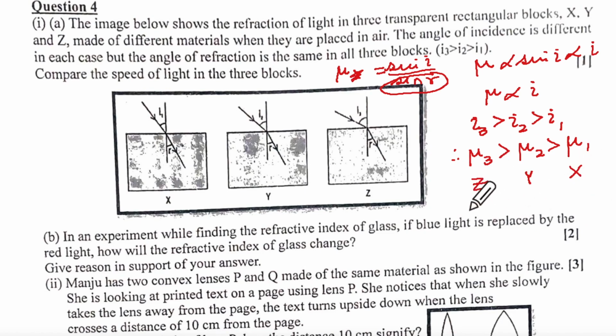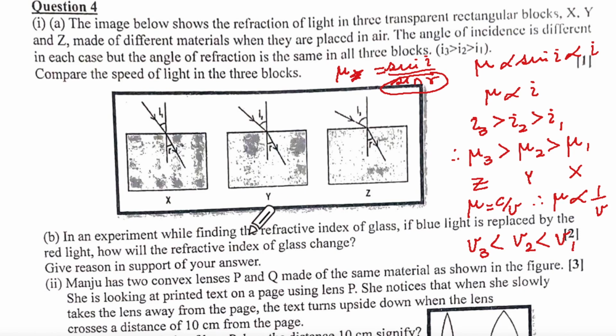Now I want the speed of light. So mu is equal to c upon v. Therefore, mu is proportional to 1 upon v. Correct? So if mu3 is greater, I will say v3 is less than v2 is less than v1.